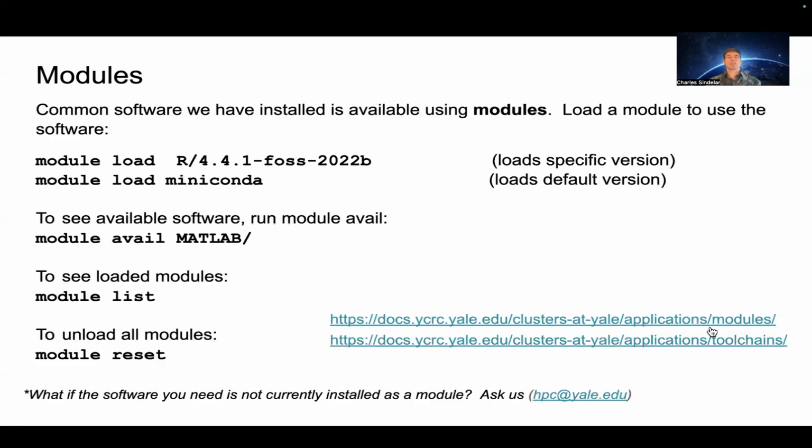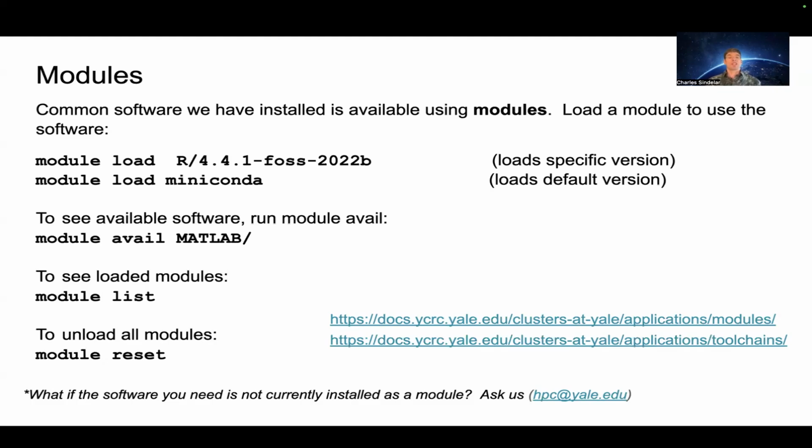Software, and particularly scientific software running on Linux, as we have here at the YCRC HPC clusters, can be finicky to set up and run. And this is especially true given the variety of types of hardware that we have available on our clusters.